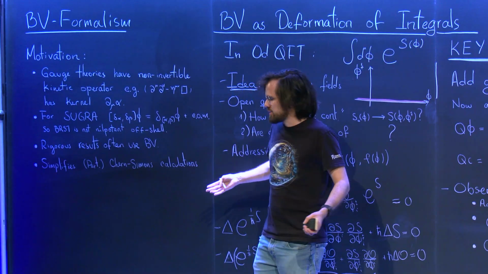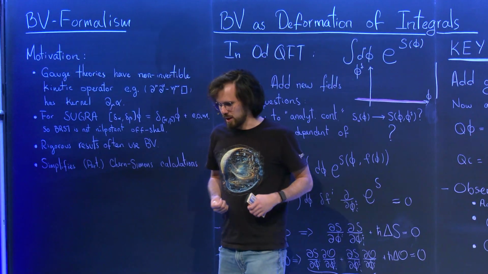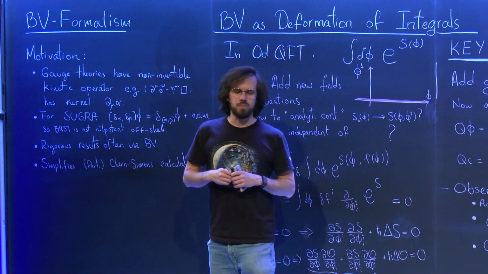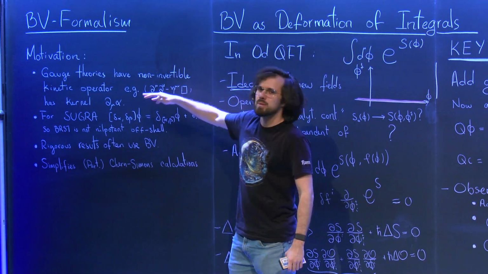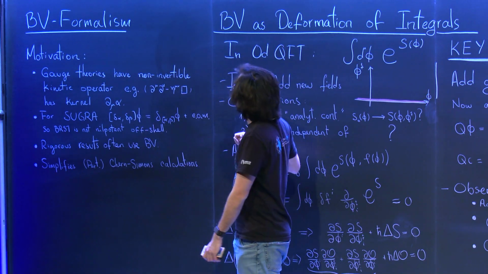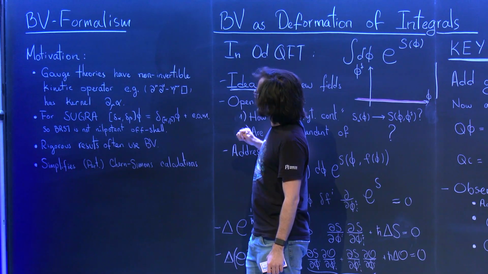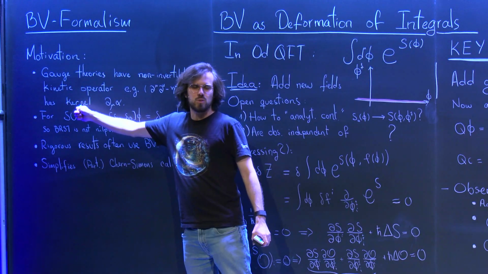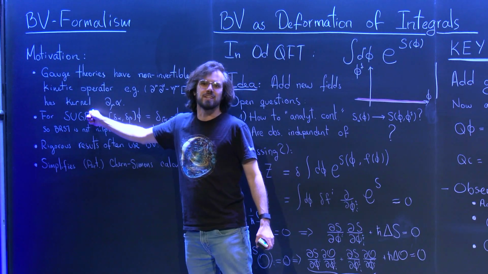Why do gauge theories even have a problem to begin with? Well, one way to notice this is that when you study the kinetic operator of some gauge theory, say Maxwell, you will note that the kinetic operator has a huge kernel associated to the gauge transformations of our field.